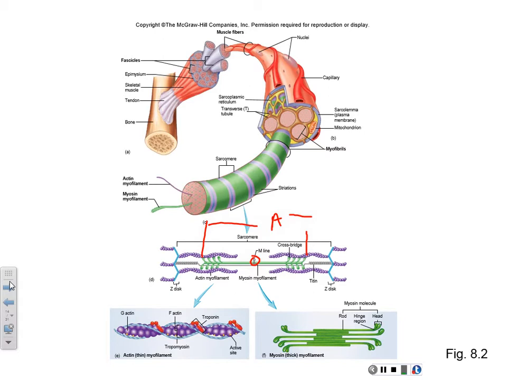It starts at the Z line and ends where the myosin ends are located. See, the myosin ends are located here and here. So that's where the I band is located. So this is the I band. All right? And then when the actin ends, leaving only the myosin, that is what is called the H zone.